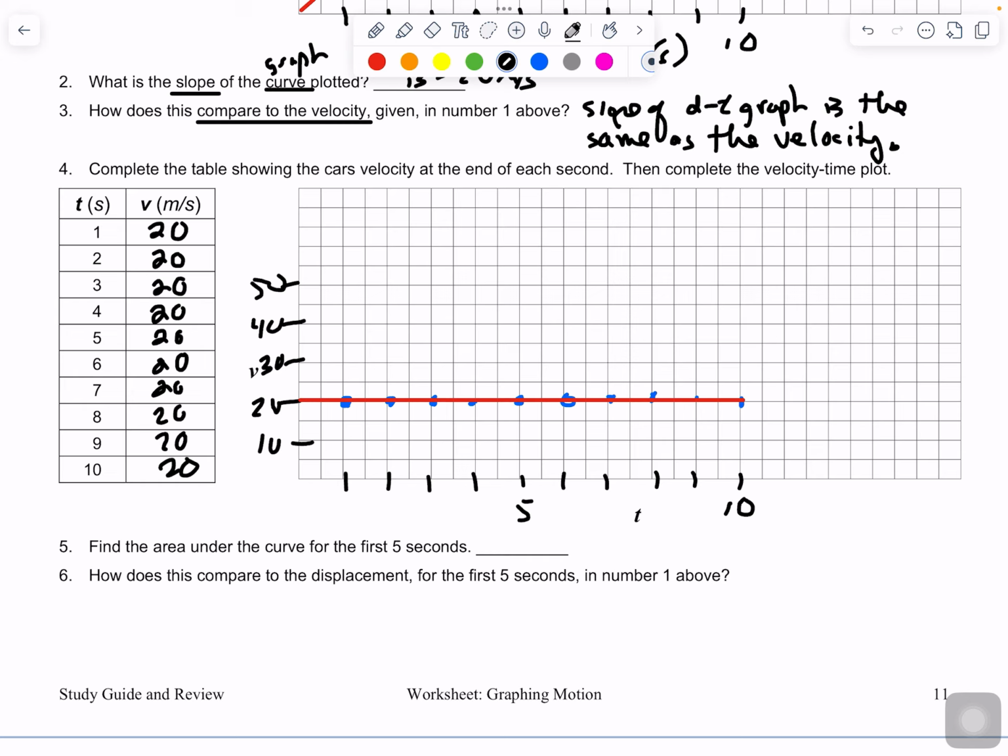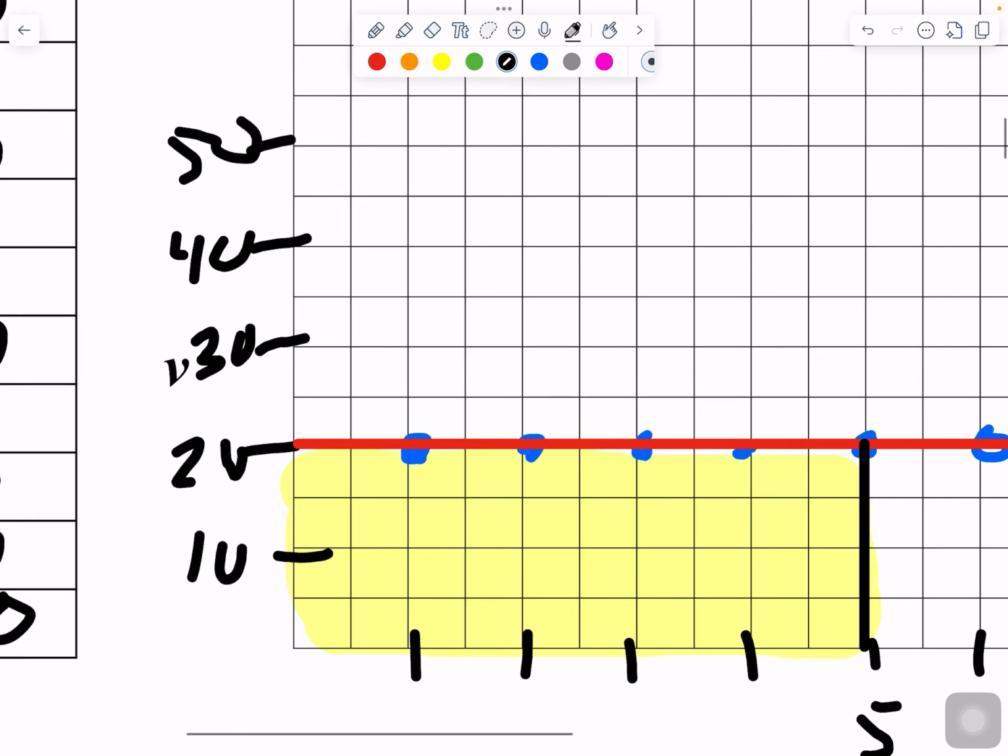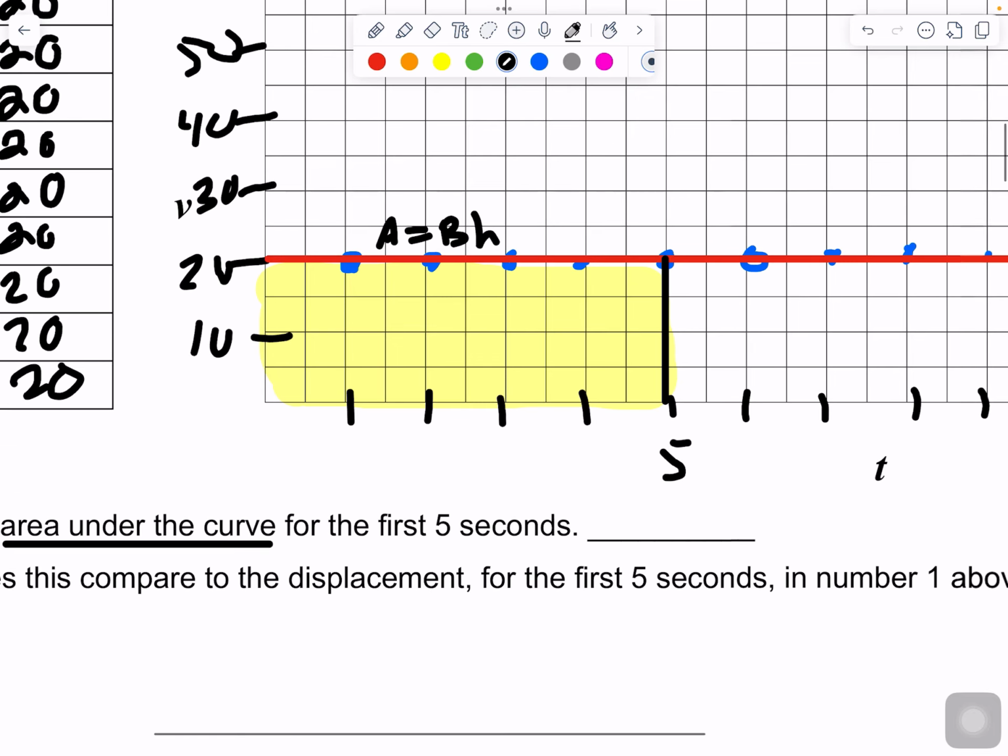Well, the question says in part 5, what is the area under the curve for the first 5 seconds? So if I block this off, it's asking me to find the area under that rectangular region right there, which is the first 5 seconds. Now notice that makes a rectangular shape. So the area of a rectangle, if you remember, is length times width or base times height. Well, the base of this is 5.